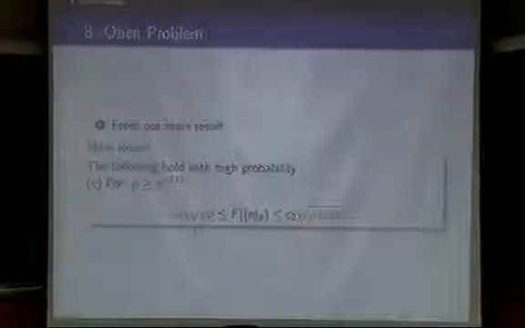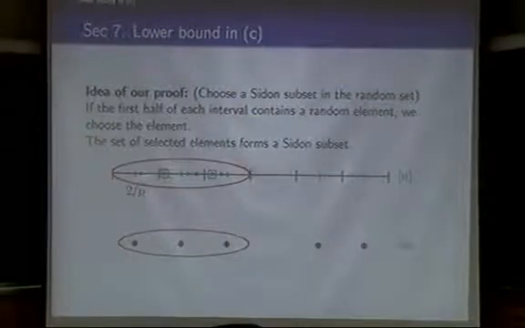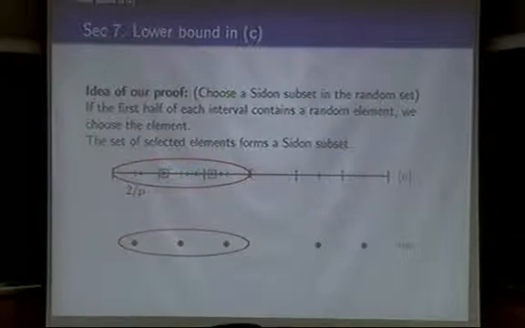The last thing we need to do is to count the number of those elements. First, the number of intervals in the red region is square root of np over 2. So we need the probability that one interval contains a random element in the first half. Each interval contains 1 over p elements in the first half, and we choose each element with probability p.